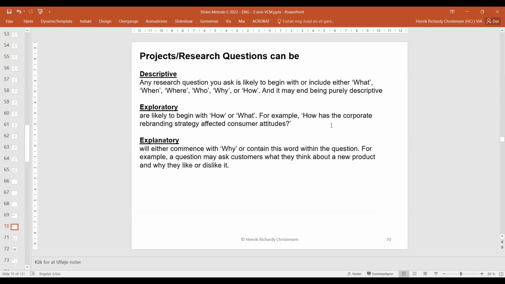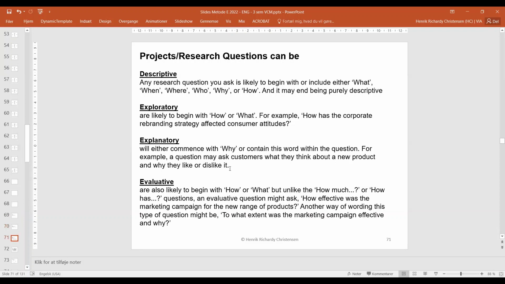Then explanatory is more about, here questions may ask customers what they think about a new product and why they like or dislike it. Could be how employees think about lean and why they like or dislike it. So that is more like explanatory.